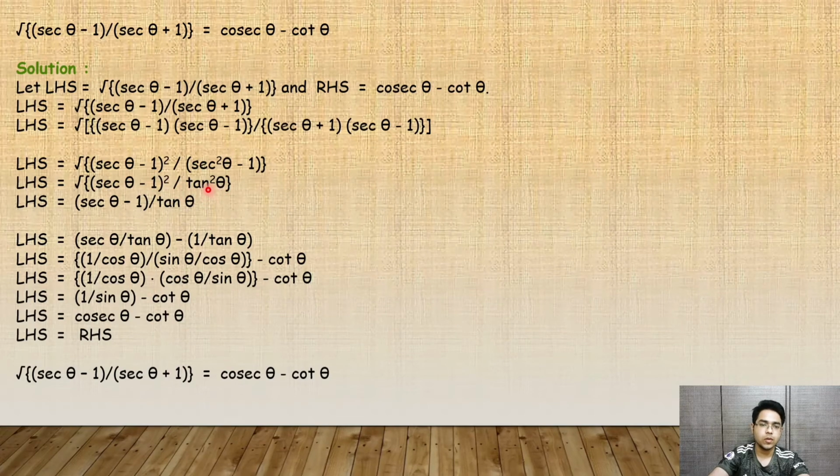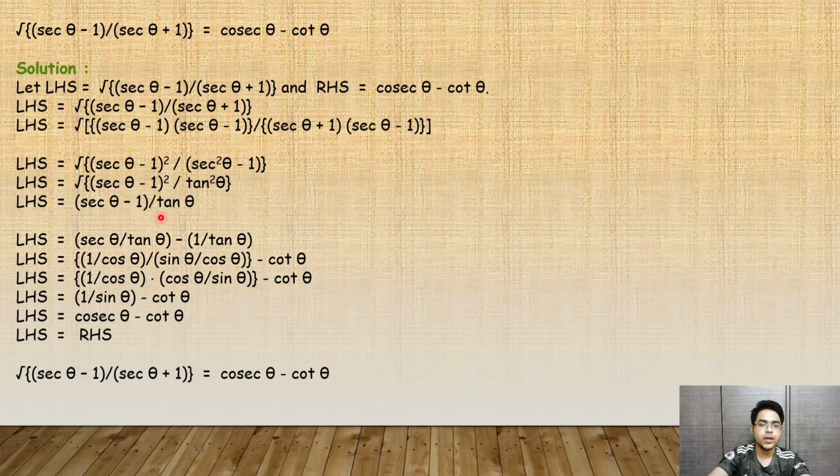As we know from the trigonometric identity number 2, tan²θ is equal to sec²θ minus 1. So in LHS we will be getting sec θ minus 1 as this square term, and the under root term and the square term will be getting cancelled out. So we'll be getting (sec θ minus 1) divided by tan θ.